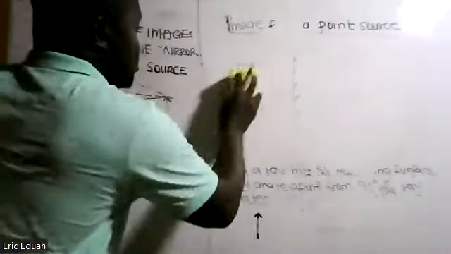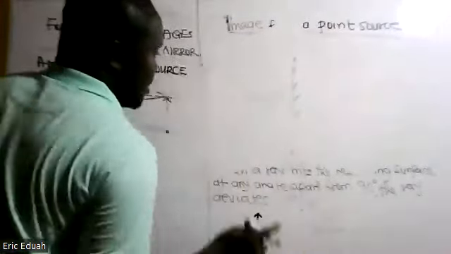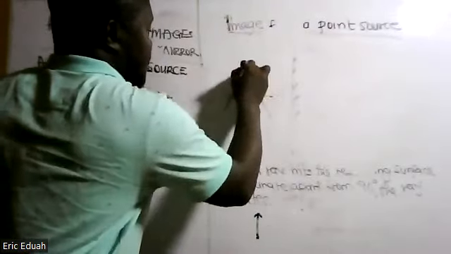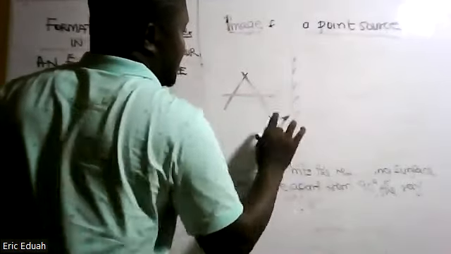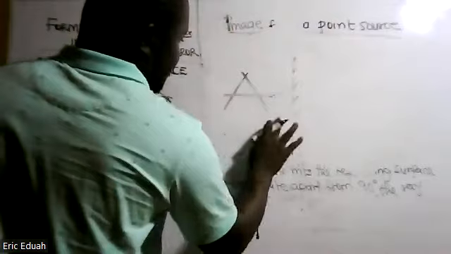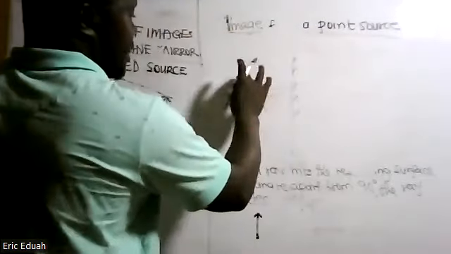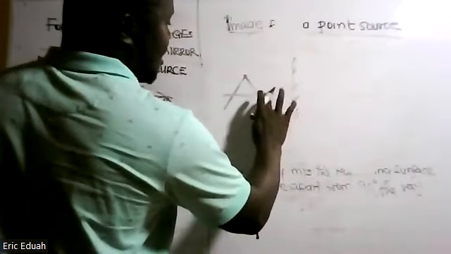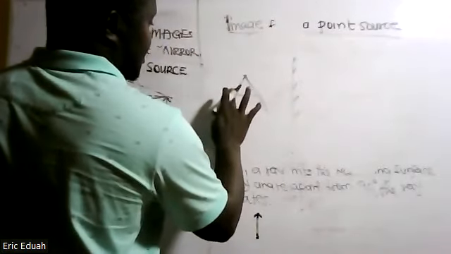Okay, let me draw a simple A. I have the letter A in front of the mirror. Use ray diagrams to produce the image of this so that we will have a lateral inversion.